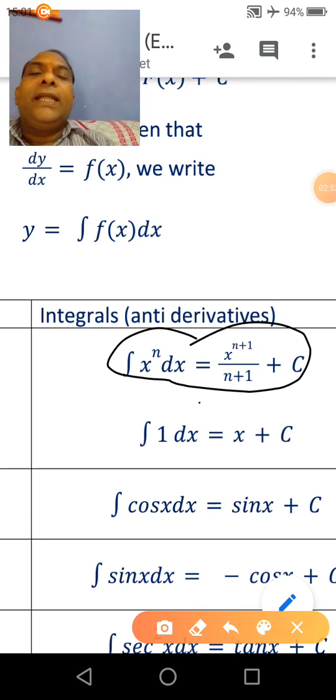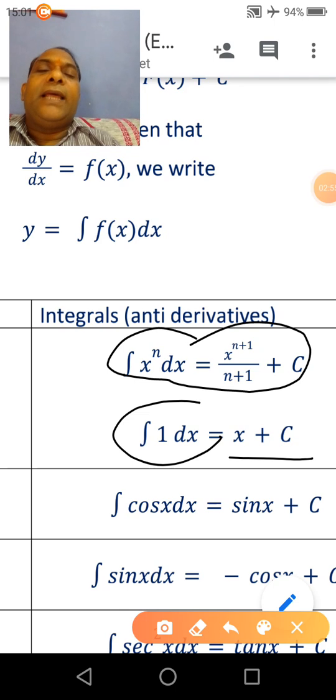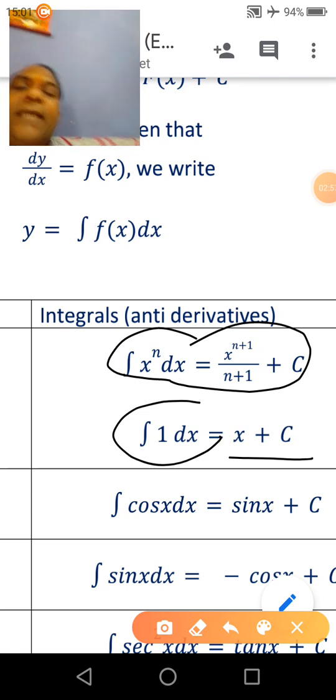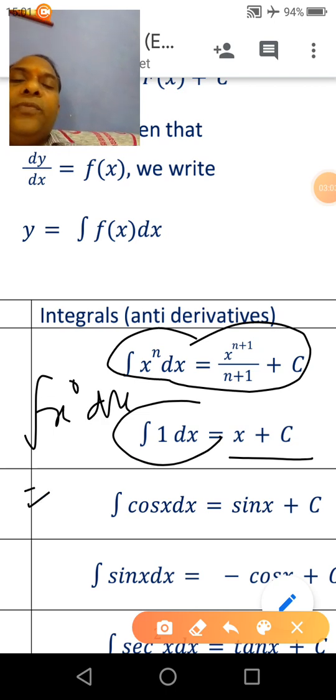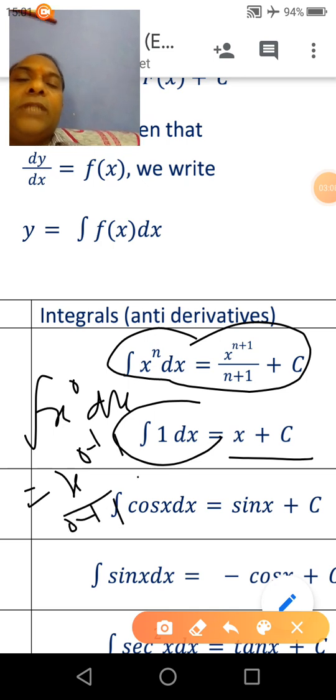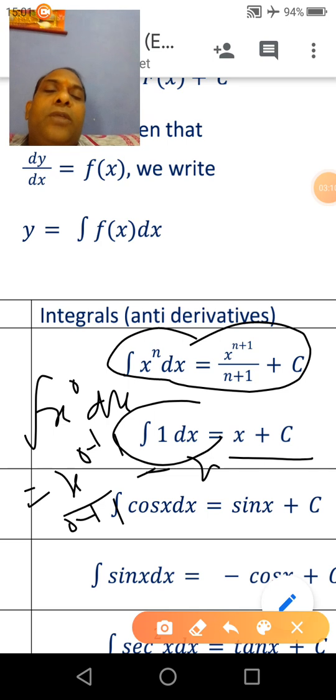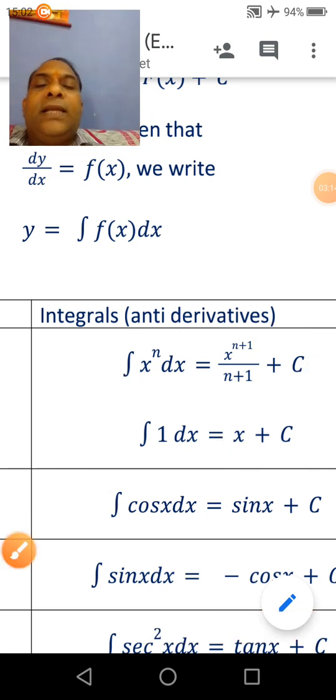And integration of 1 dx will be x, because 1 can be written as x to the power 0, x to the power 0 dx. To apply the same formula, which will be x to the power 0 plus 1 upon 0 plus 1, so is equal to x. So integration of 1 dx or integration of dx is equal to x. Clear?